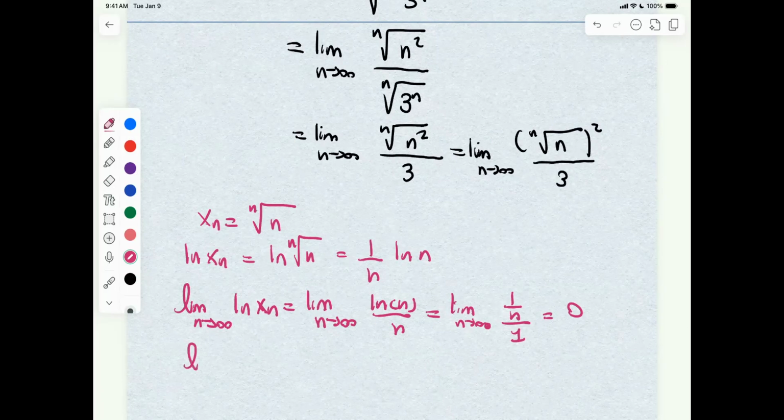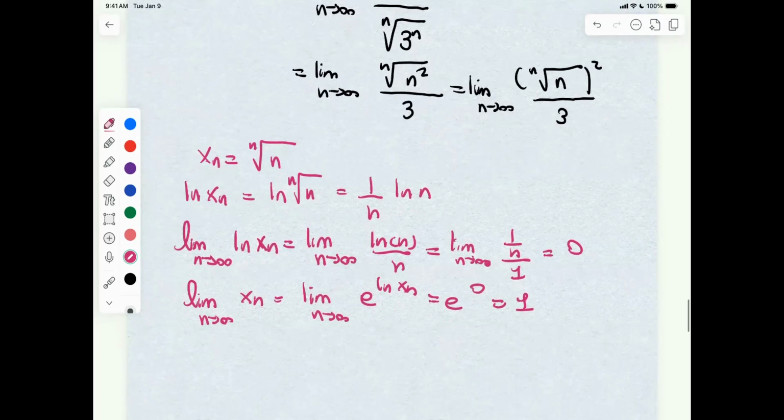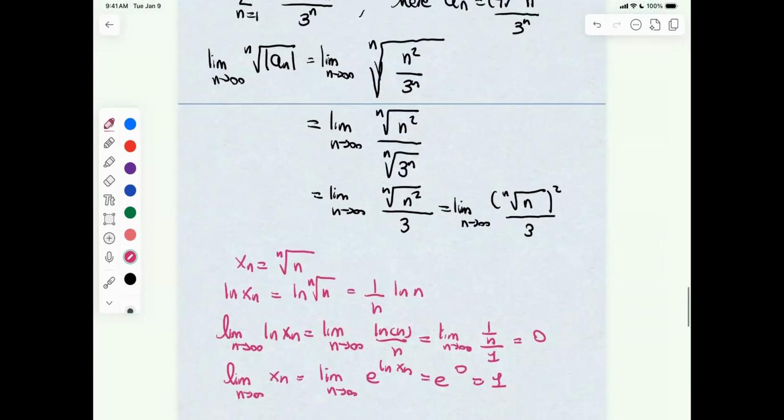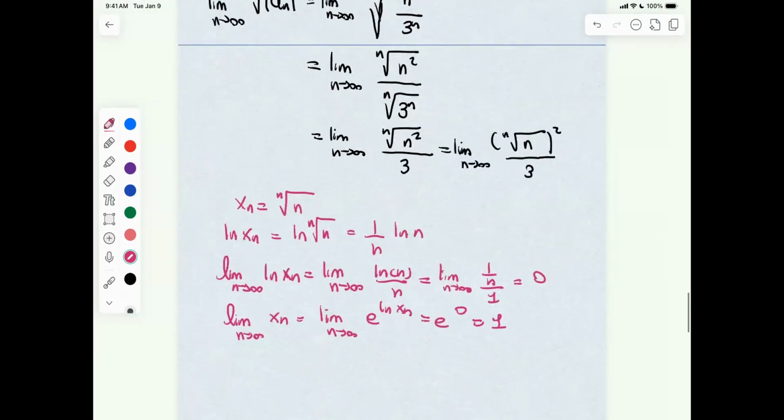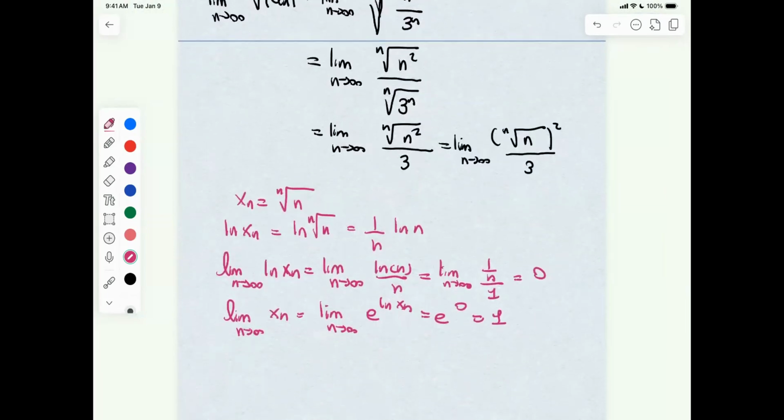And then the limit as n goes to infinity of x sub n is the same as the limit of e to the ln of x sub n, but we already know that this is e to the 0, because of what we just did, so that's just 1. Is that making sense? So again, you can totally use that this has to be 1.